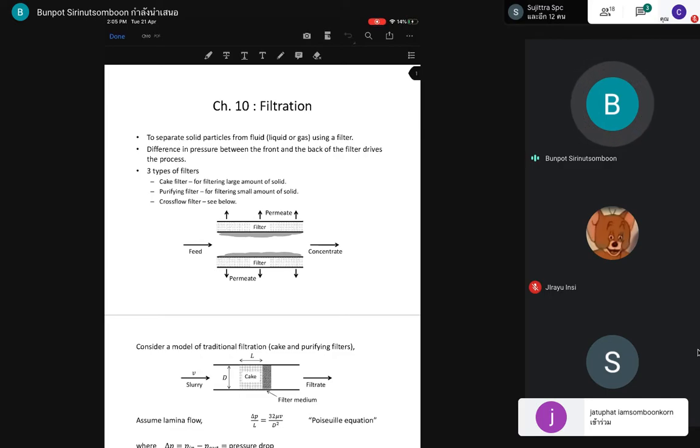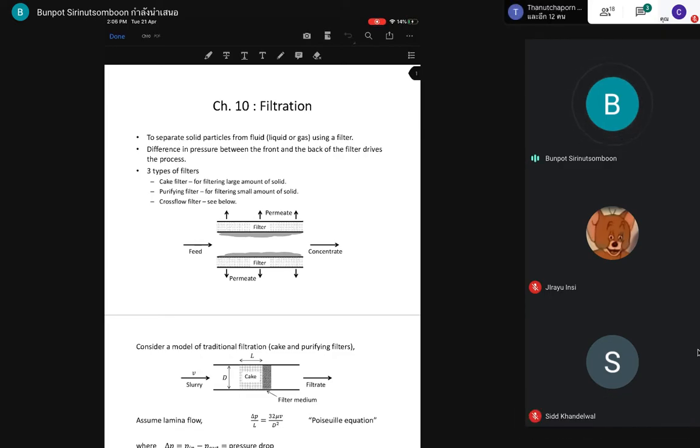Okay, the pressure in front of the filter will be higher than at the back of the filter. There are many types of filters. Right here, I just mention 3 common types: the cake filter, the purifying filter, and the cross flow filter.